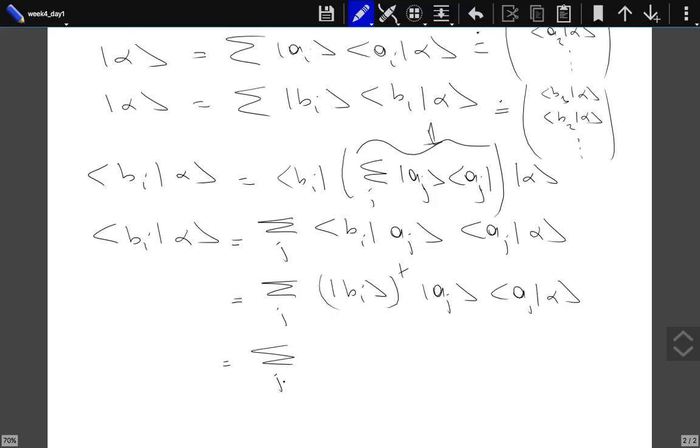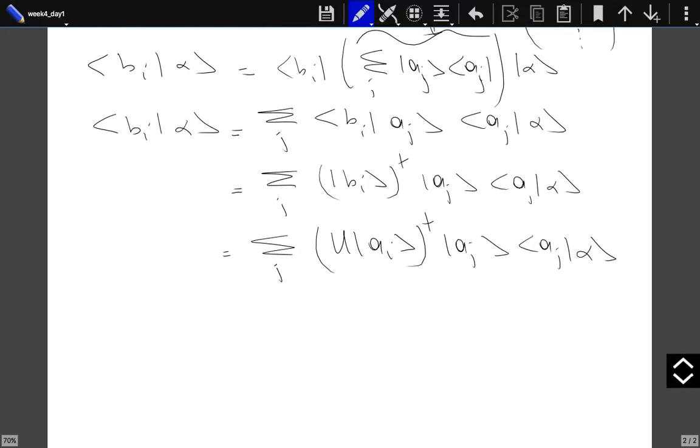Well, we define the operator U as U acting on AI, so the dagger gives us j AI U dagger AJ alpha.